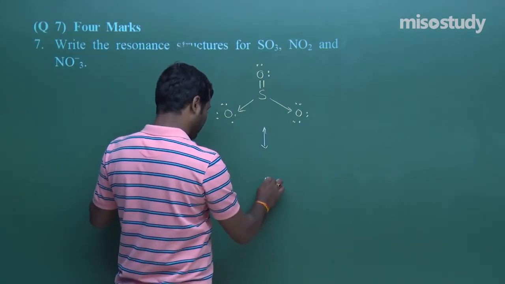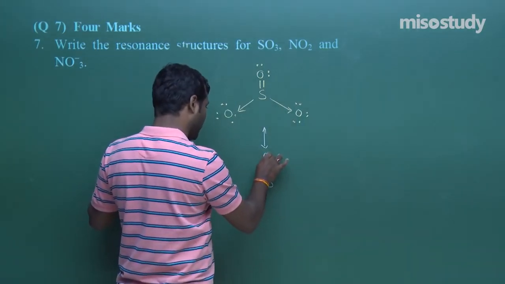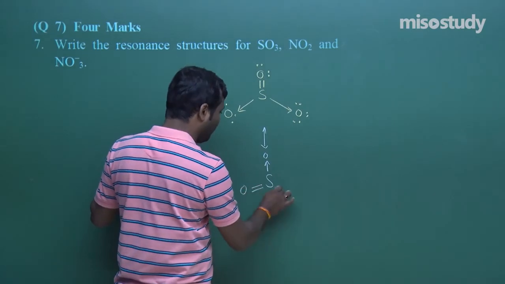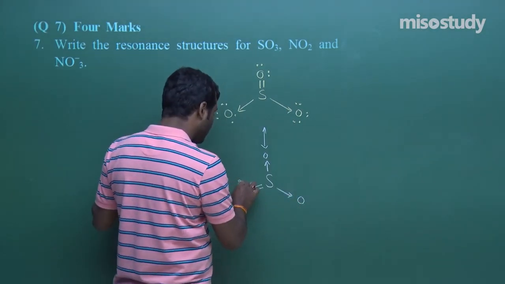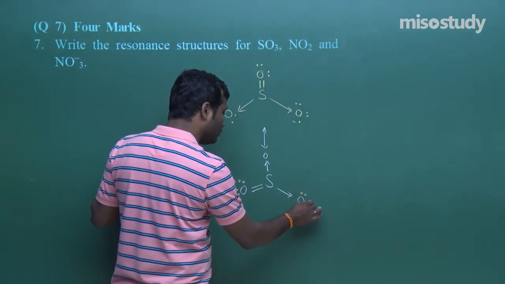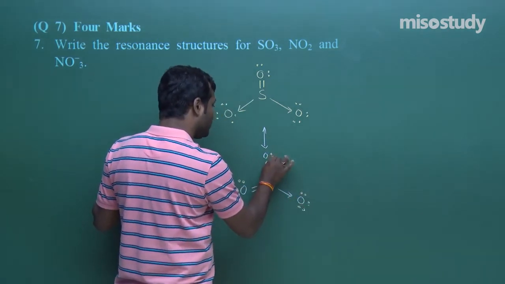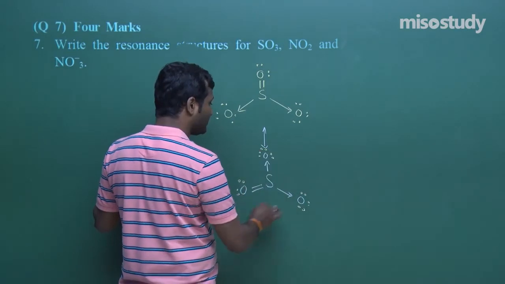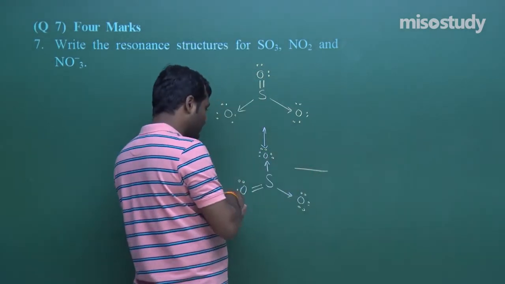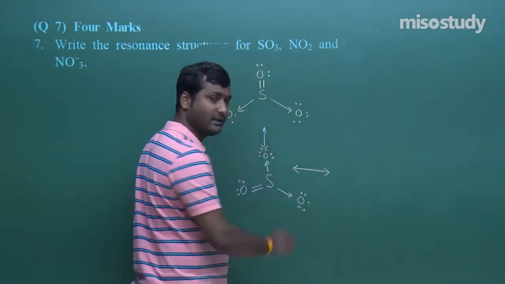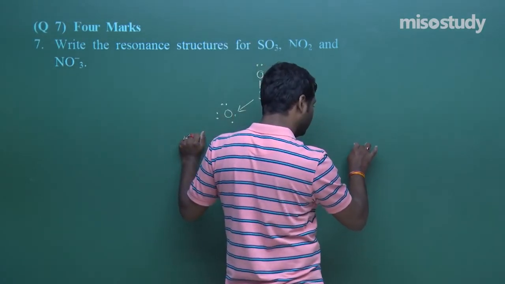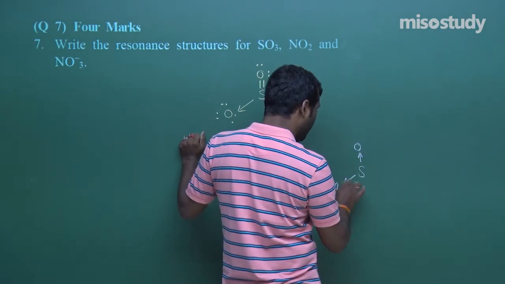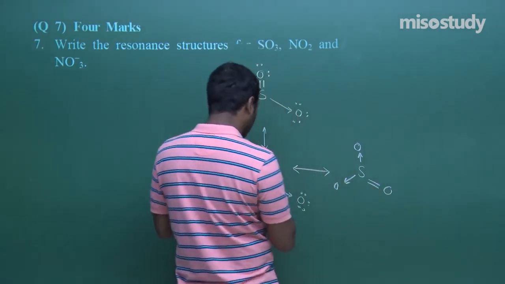Now the second one has the coordinate bond and the double bond in a different place. The third resonating structure is like this: that is O, and double bond O.